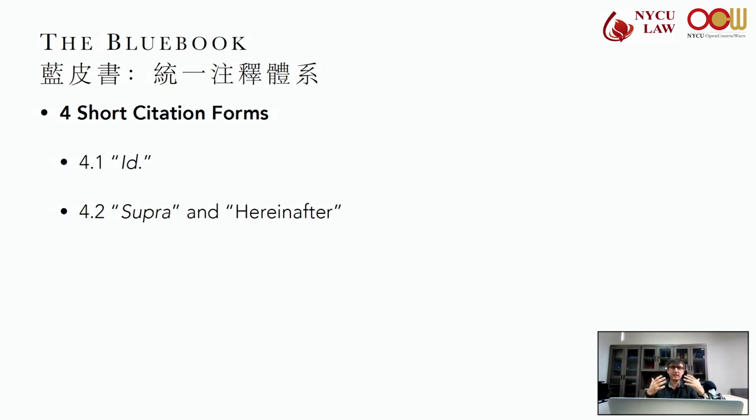So usually the supra form will start with the last name of the author, followed by a comma, and then the word supra. And then after that, you need to indicate how it's changed from the original citation. So this usually means adding a page number, or a section number or paragraph.